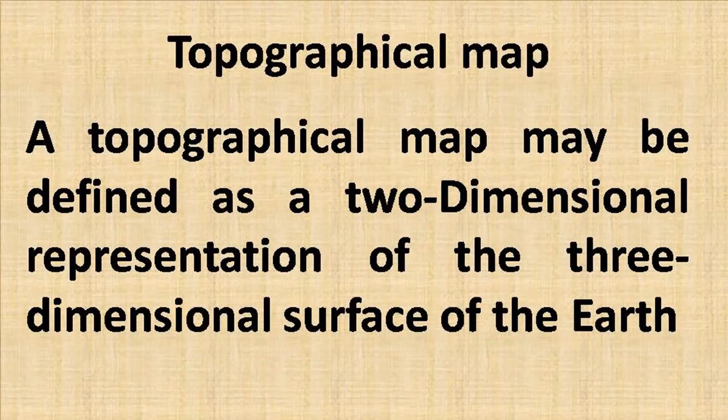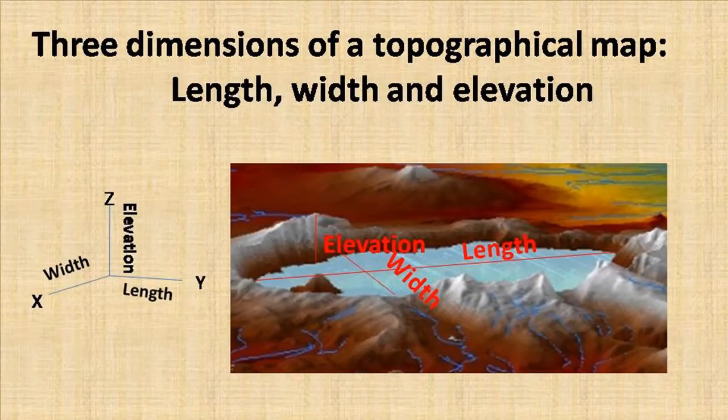A topographical map may be defined as a two-dimensional representation of the three-dimensional surface of the Earth. So the three dimensions of topographical maps are length, width, and elevation. In terms of X, Y, Z coordinates of a geospatial feature, the horizontal x-axis represents its width, the horizontal y-axis shows its length, and the vertical z-axis is used to show its elevation.